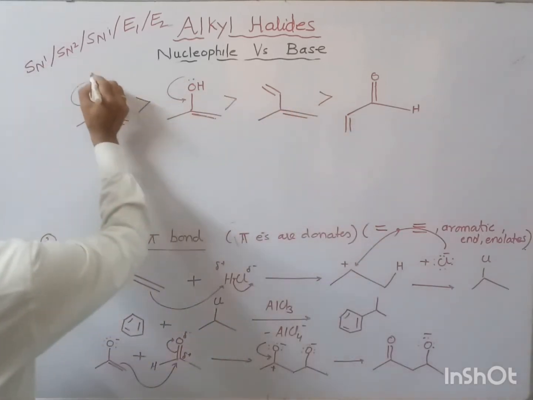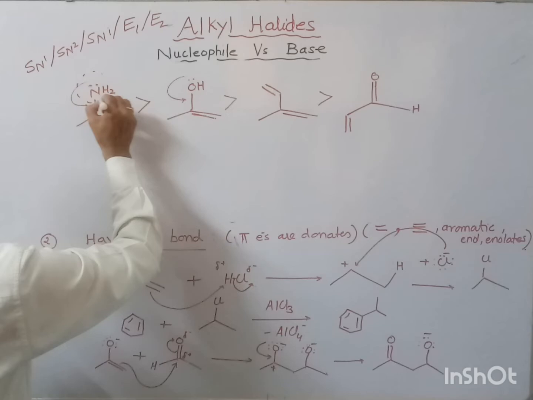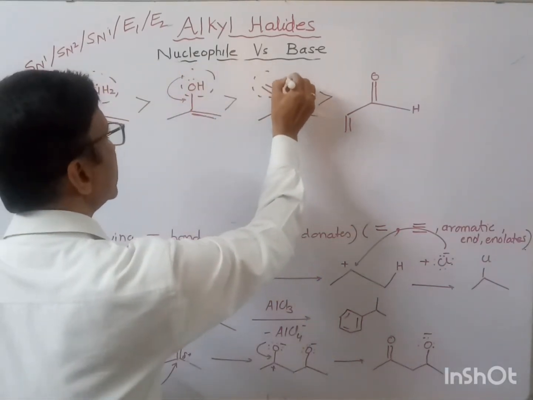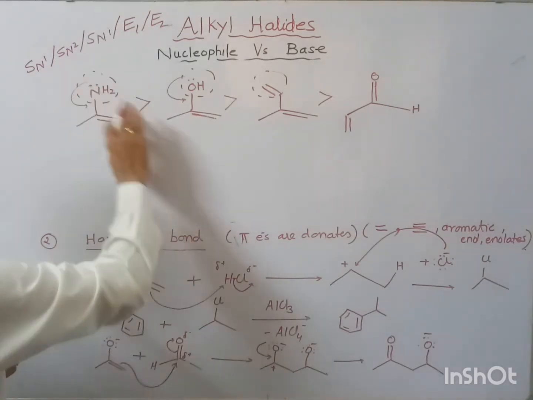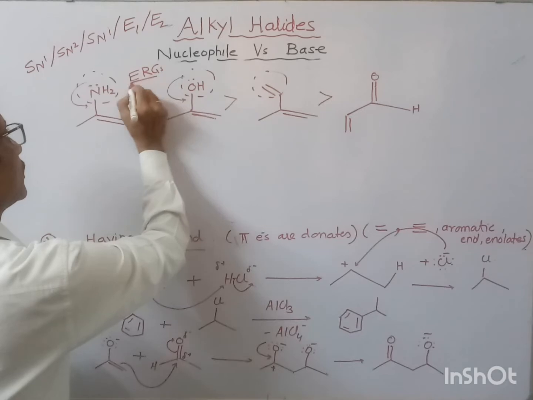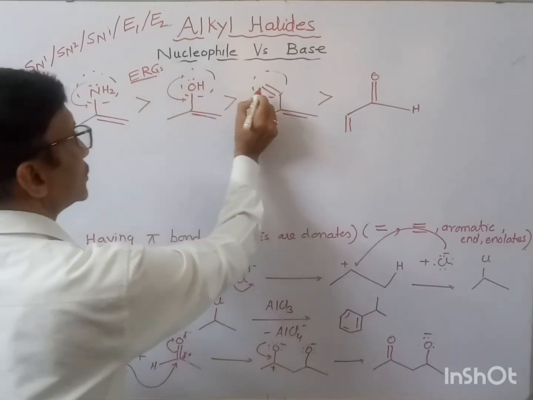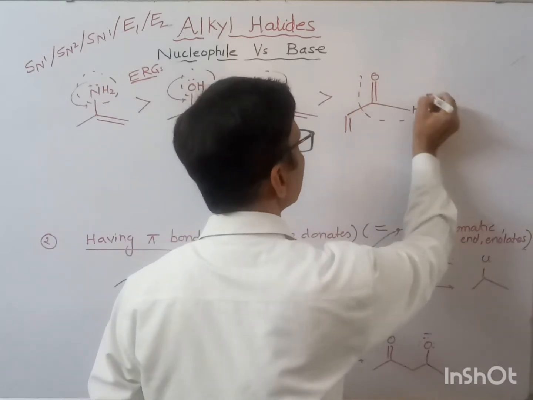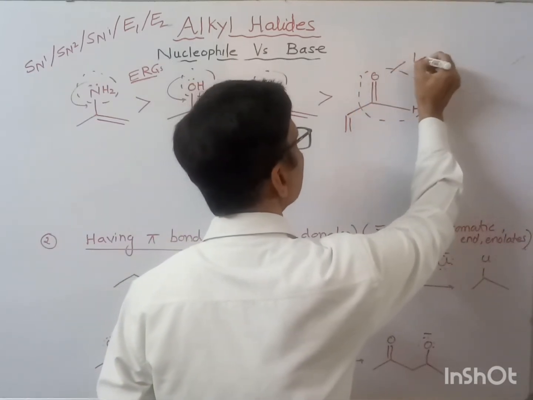So the NH2 group, this OH, or this one, these are electron releasing groups, whereas this aldehyde CHO is an electron withdrawing group.